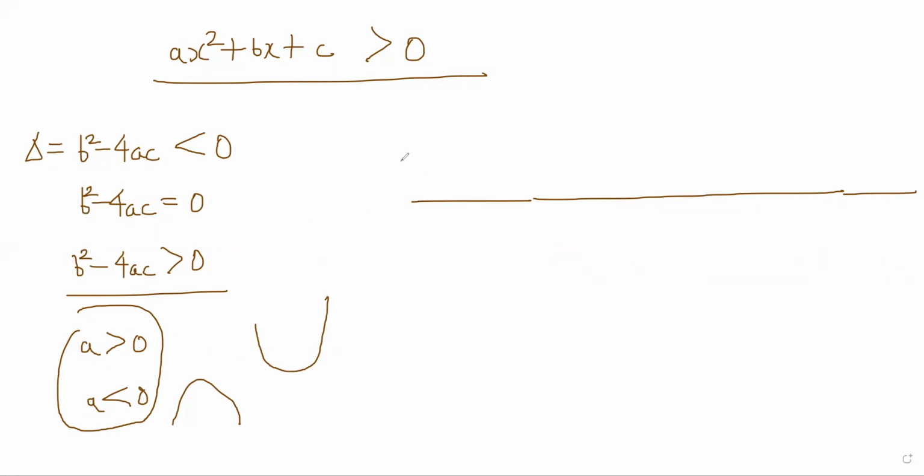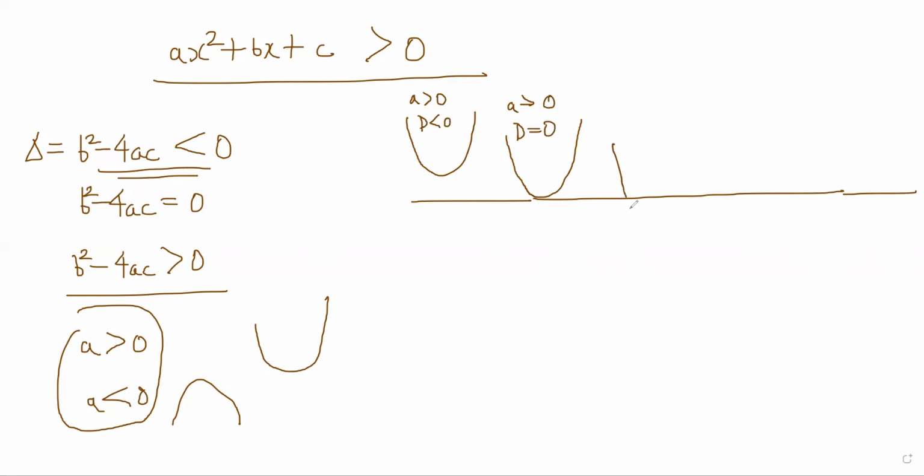If a is greater than 0 and b square minus 4ac is less than 0, then the graph has no connection with the x-axis, no real roots, right? Yeah. The graph will look like that. If a is greater than 0 and D is equal to 0, the graph will look like this, touching, correct?